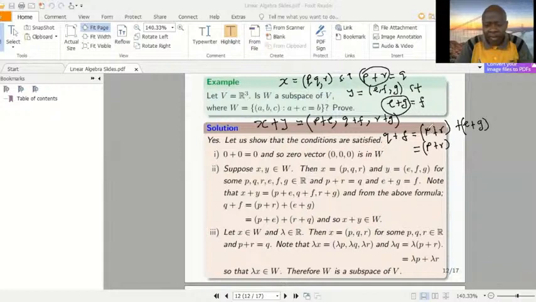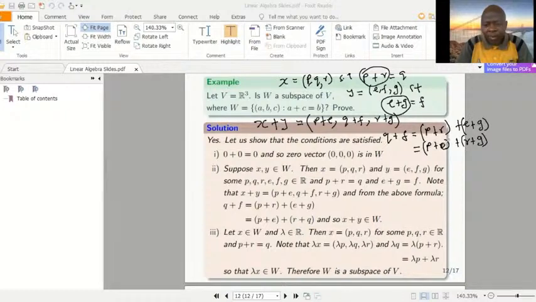I'm adding the first element of X and the first element of Y, then the third element of X plus the third element of Y. So Q plus F is P plus E plus R plus G. Make that correction.